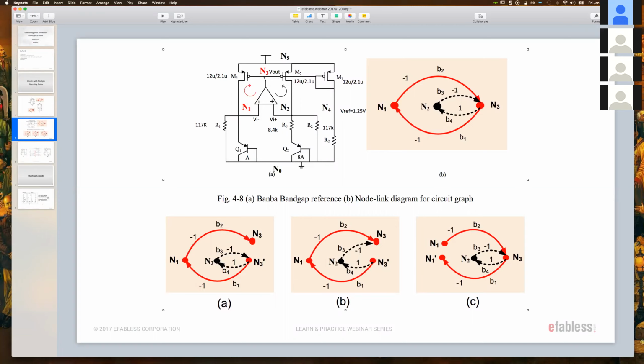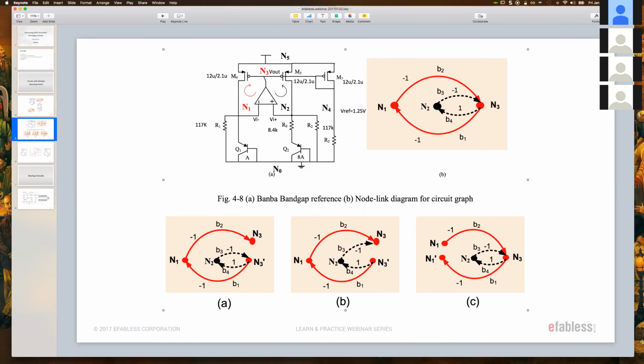Looking at breaking the loop is also going to be interesting: which one to break, and if you have more than one loop in the same direction, which one is dominant. In that graph, between node 1 and node 3 there are negative feedbacks, and between node 2 and node 3 there's a positive feedback effect as well. So you can do multiple types of breaking the loop.